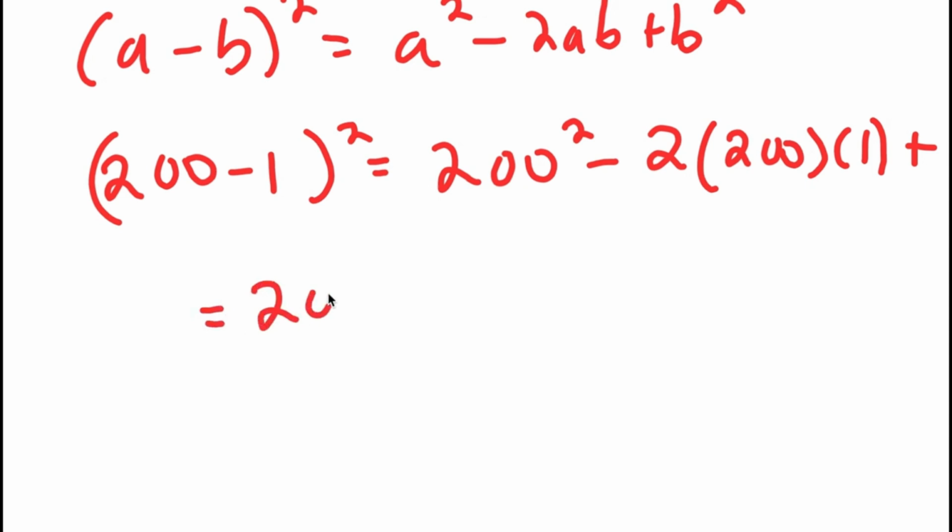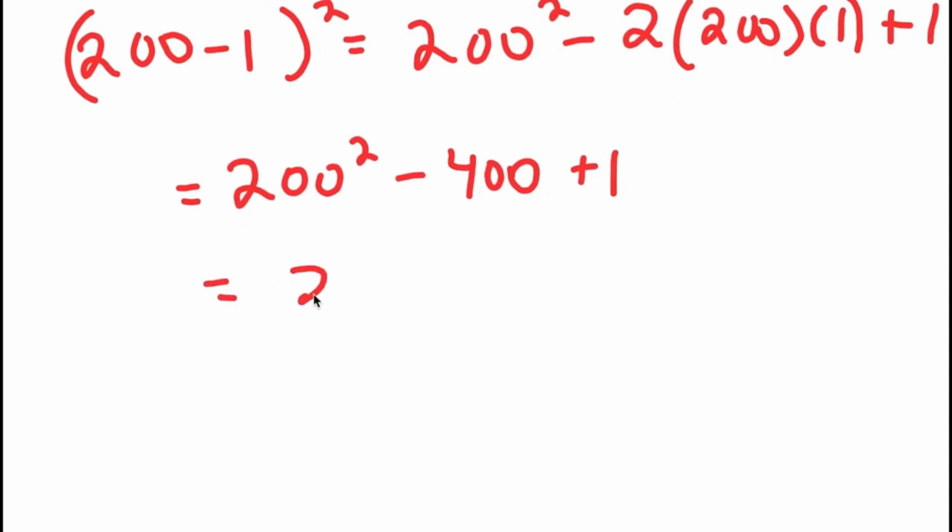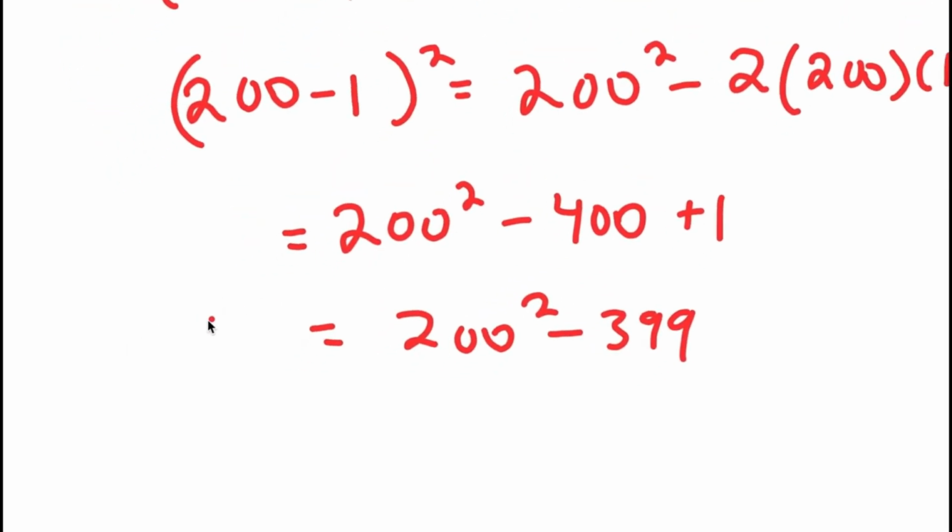And now this is equal to 200 squared minus 400 plus 1, which is equal to 200 squared minus 399. So this is the value of 199 squared.